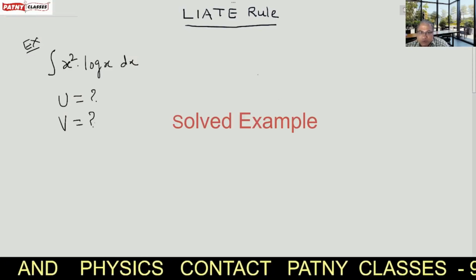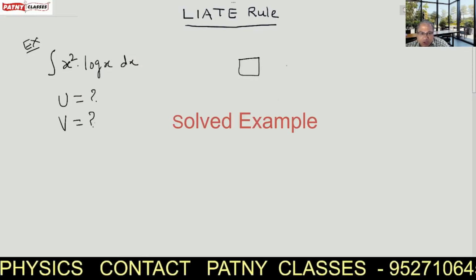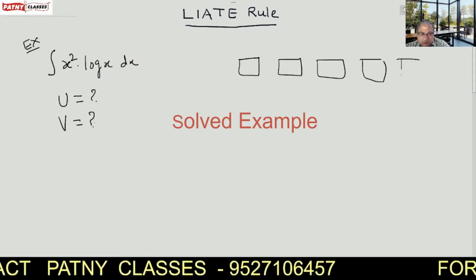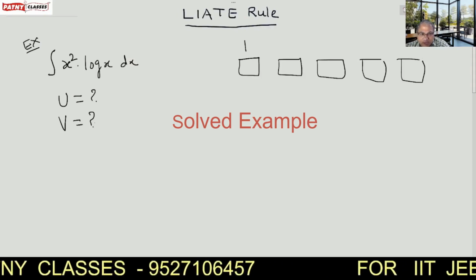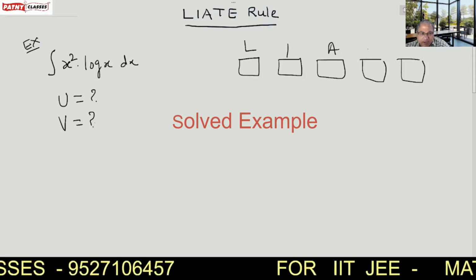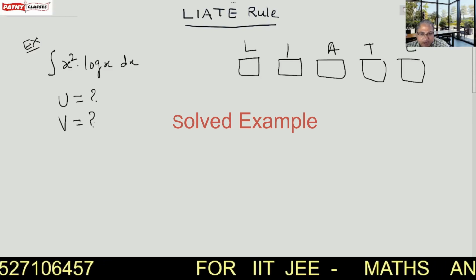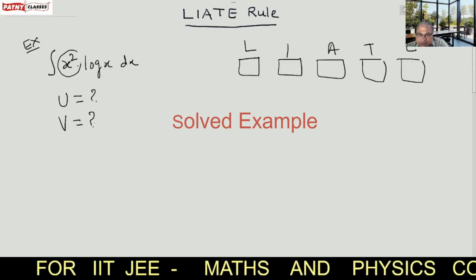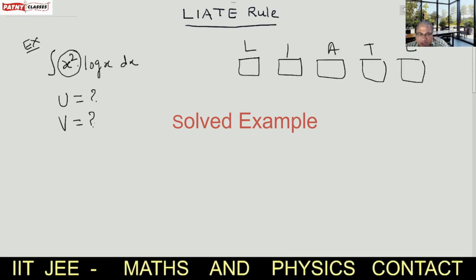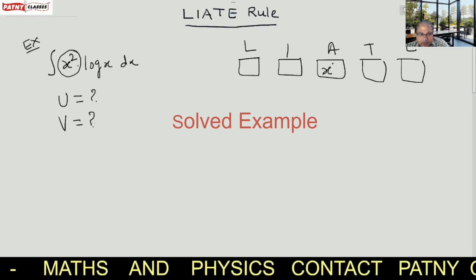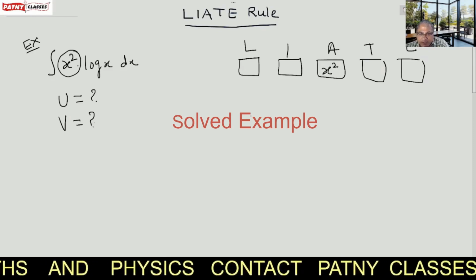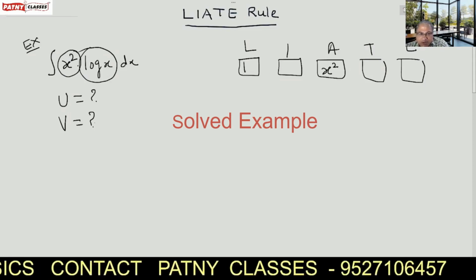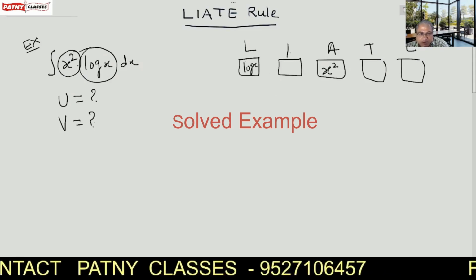To decide u and v, let us draw 5 boxes, and after drawing them write L I A T E. Now go to the question. Here x square comes under algebra, so write x square under A, and log x comes under logarithm, so write it under L.